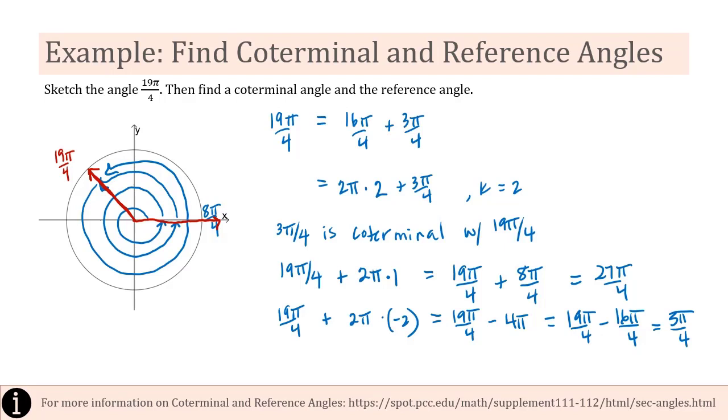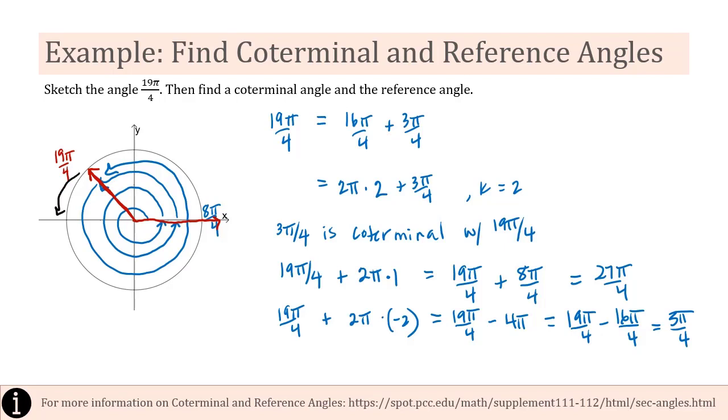Not the positive horizontal axis, but just the horizontal axis. So that's going to be the space between the second quadrant and the x-axis, which is this distance.